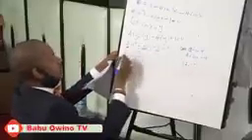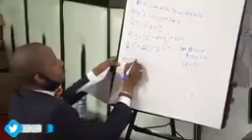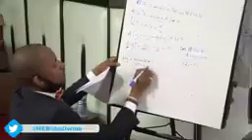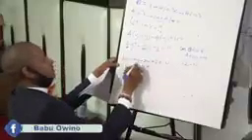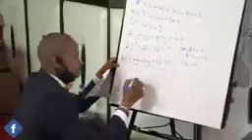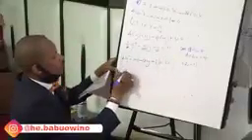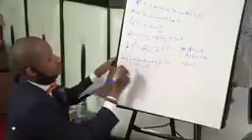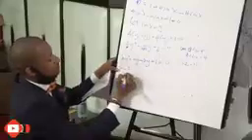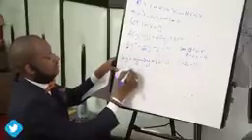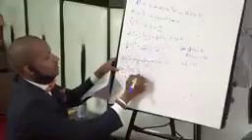Therefore, when you factorize this, it becomes 4y squared minus 2y minus 2y plus 1 equals 0. Then we collect the like terms. What is common here is 2y. So 2y goes into 4y squared, 2y times, and into minus 2y, minus 1.